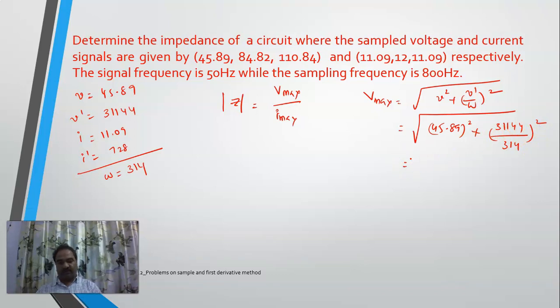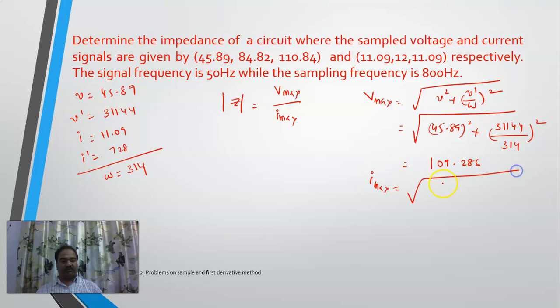Now let's see what this value is. It is 109.286. This is V max.